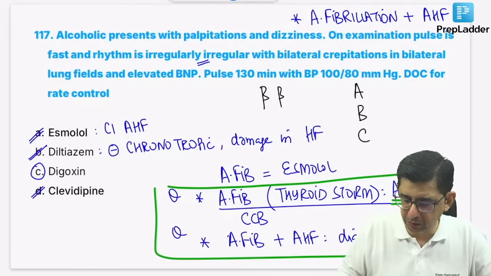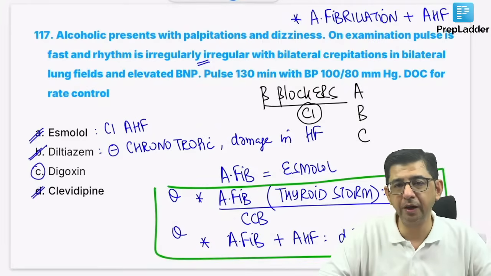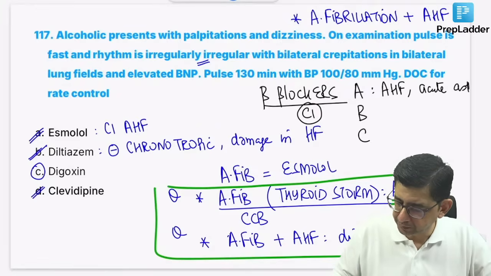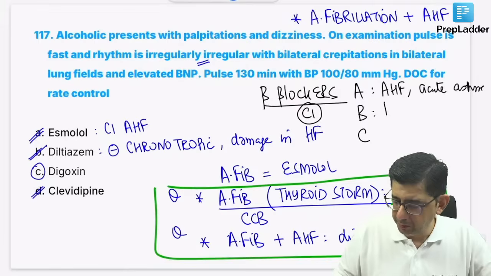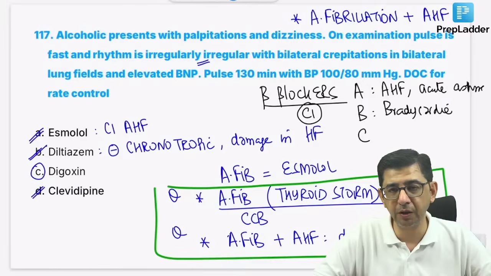Since you asked what more permutation combinations are possible, I'll just say like this: beta blockers are contraindicated in ABC. By A, I mean acute heart failure and acute asthma. By B, since you asked a combination, I'm saying heart block. There could be a possibility that the question mentions heart block in a patient. Any variety of heart block, I will not give beta blockers.